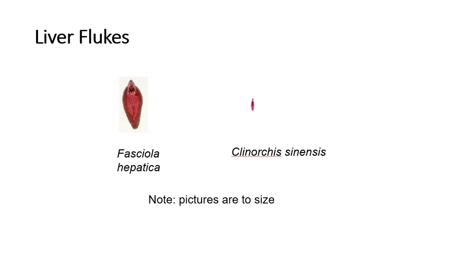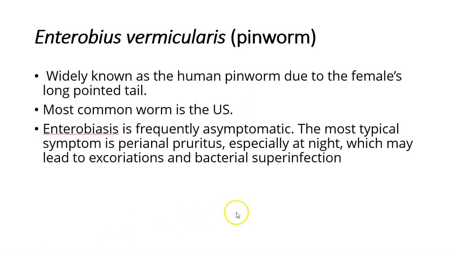So you can see how he could be easily missed. But both of them, you ingest them, and they're called liver flukes because once you ingest them, they leave the intestinal tract and go to the liver and infect the liver. That's the problem with both of those.